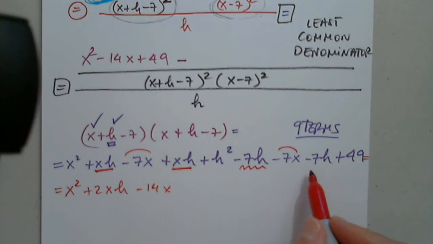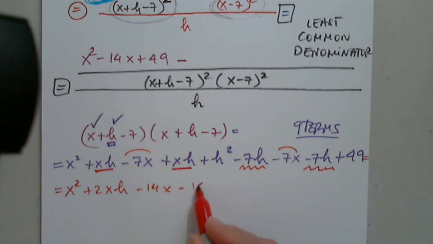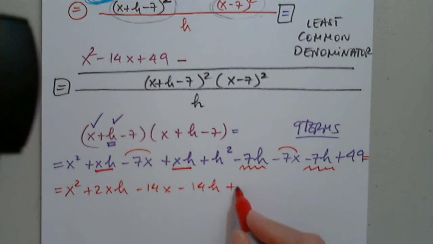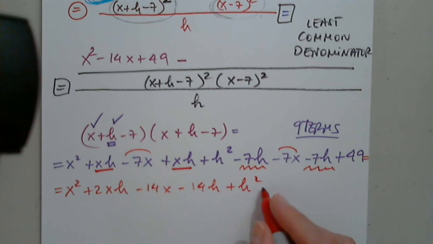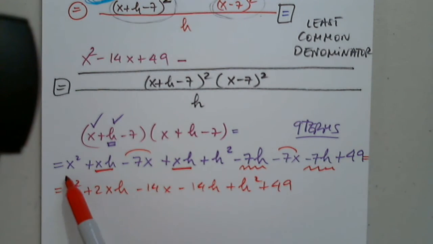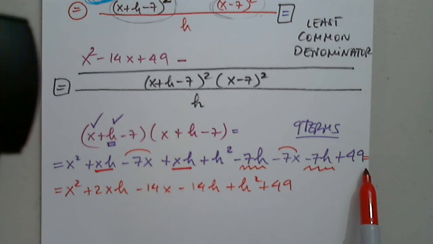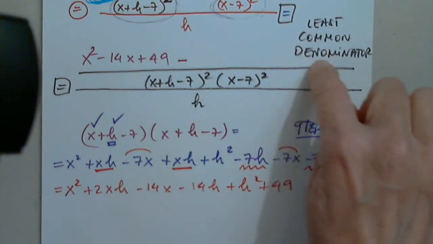I see 2 of these, so minus 14h. I see a plus h squared and a plus 49. Making sure that everything is accounted for. So now it collapsed from 9 terms to 6. This is what I have to put up here.